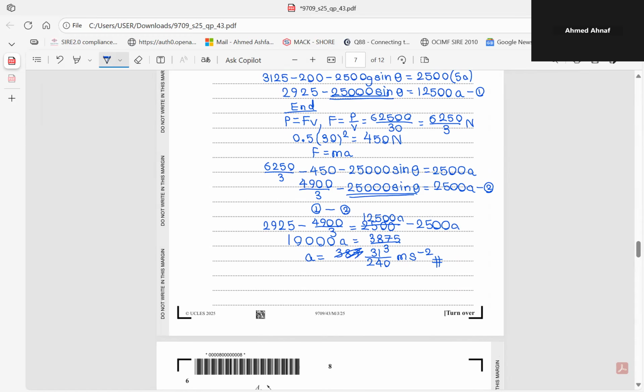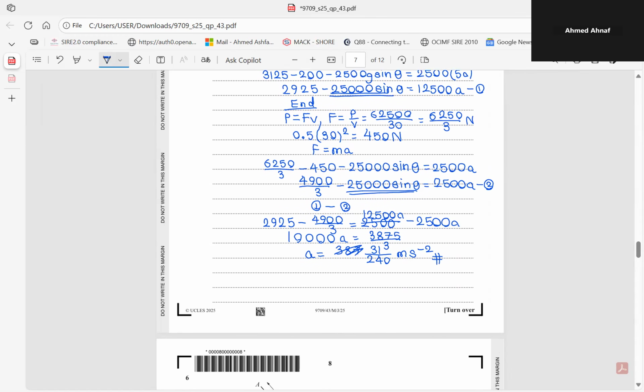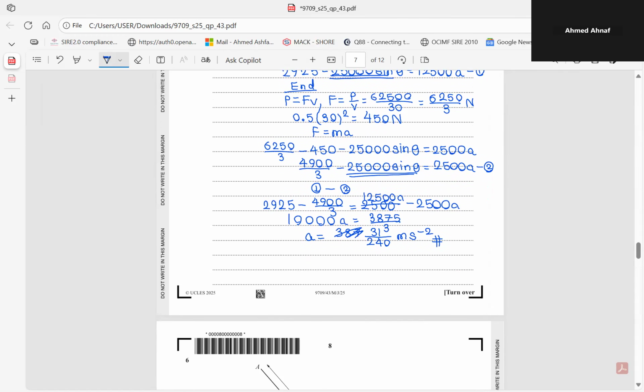Now let's find the corresponding value for sine theta. So we'll substitute it into the second equation. So 4,900 over 3 minus 25,000 sine theta equals 2,500 times 31 over 240.